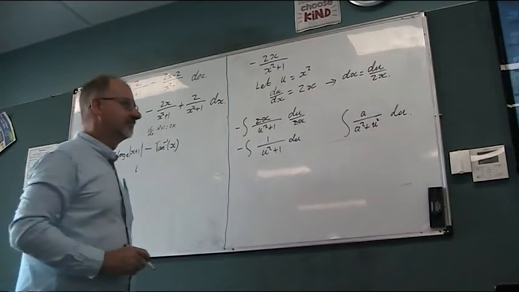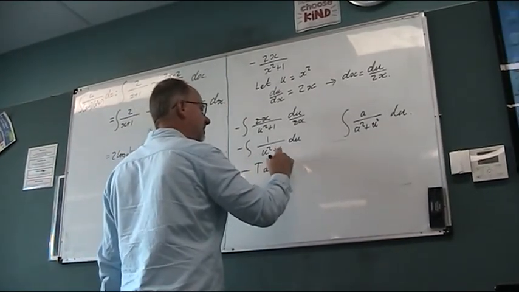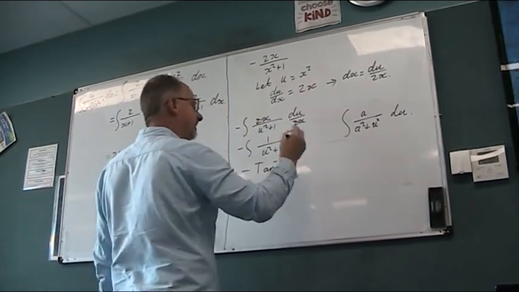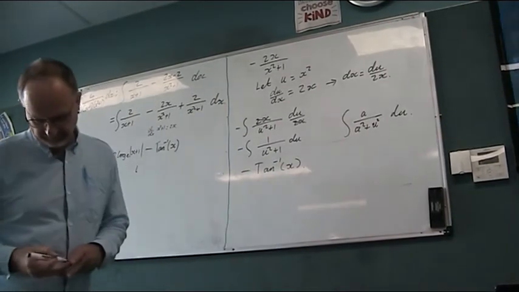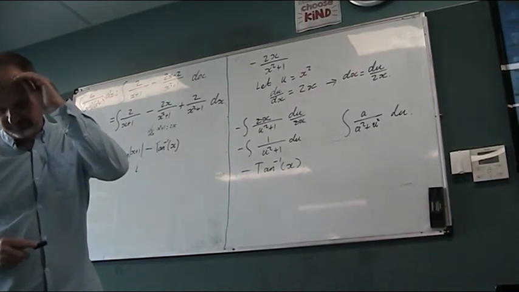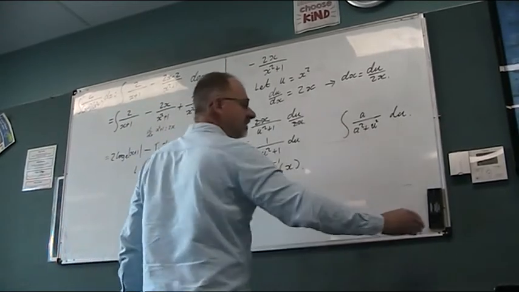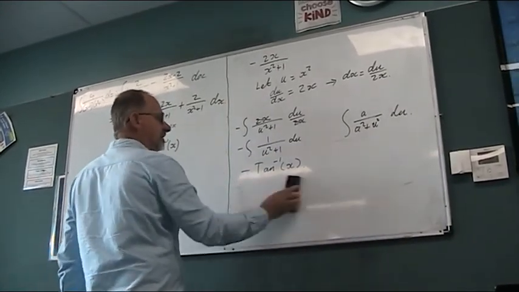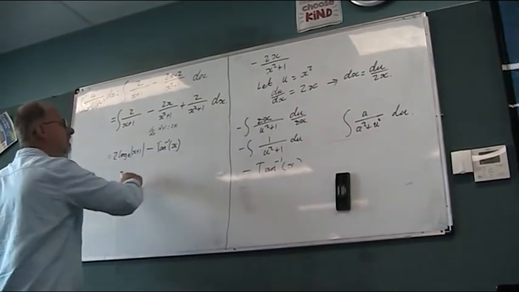So it's negative tan minus 1 of u, so tan x. Alright, so that's where we get that one from, minus tan x.